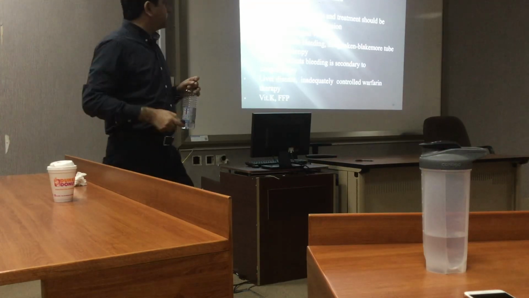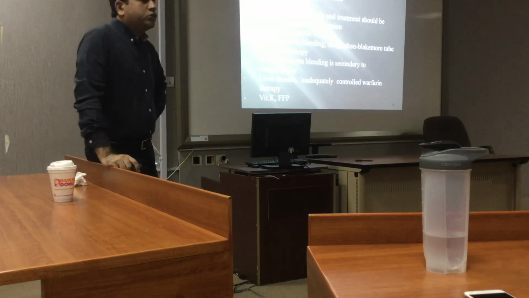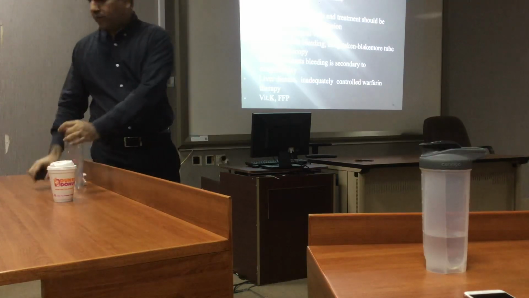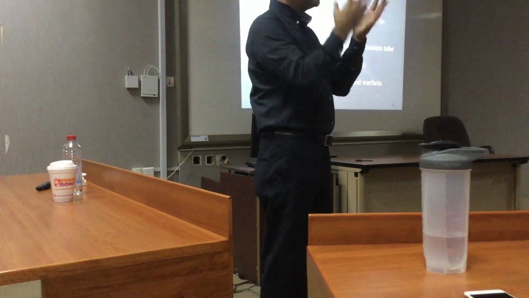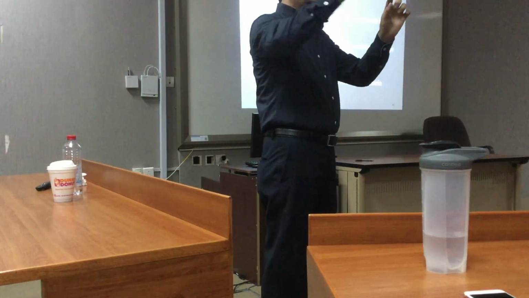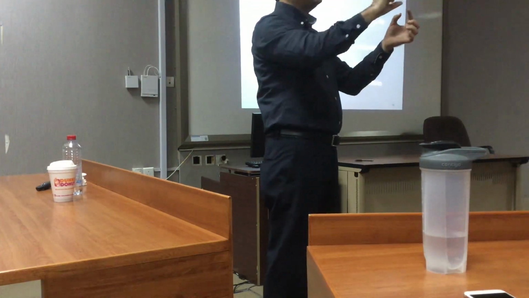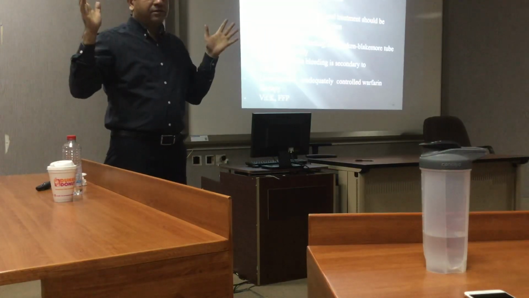This is the Sengstaken-Blakemore tube. What is this tube? This tube is just like you pass a nasogastric tube. If the patient is presenting with esophageal varices, this tube has 2 balloons. One is the gastric balloon, the other is the esophageal balloon. And the patient is bleeding like hell.